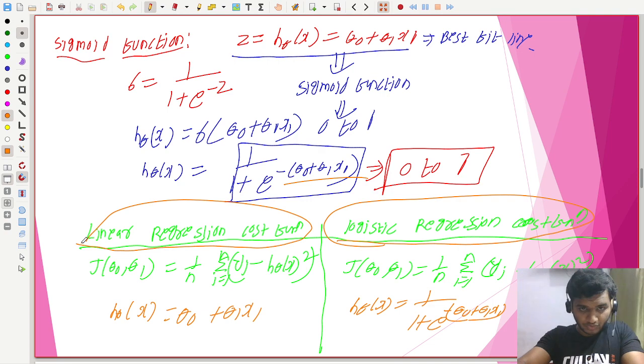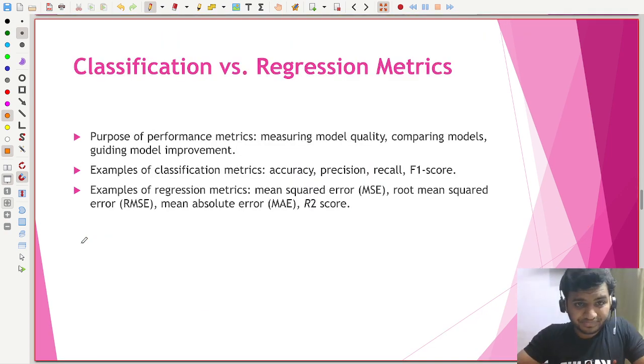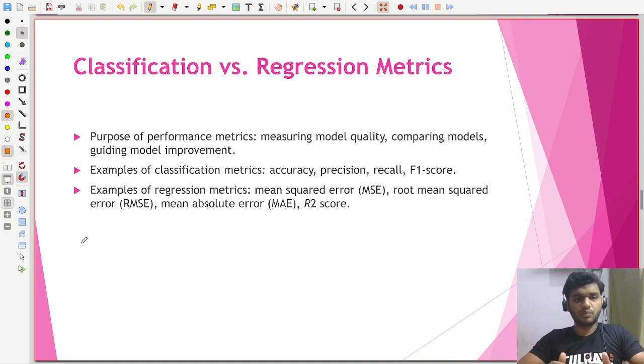So now we will discuss the difference between classification and regression. Before classification versus regression metrics, we will see some practical applications of polynomial regression and also logistic regression.